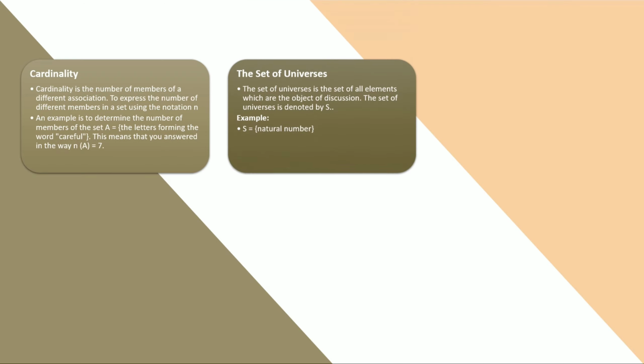Number 2, the universal set. The universal set is the set of all elements which are the object of discussion. The universal set is denoted by S. For example, S equals curly brackets natural numbers.